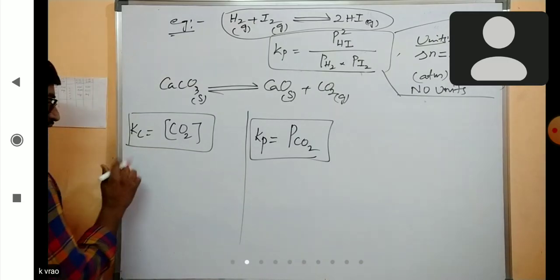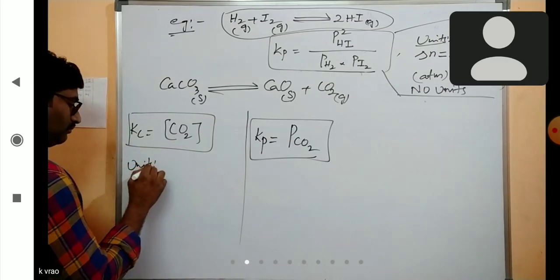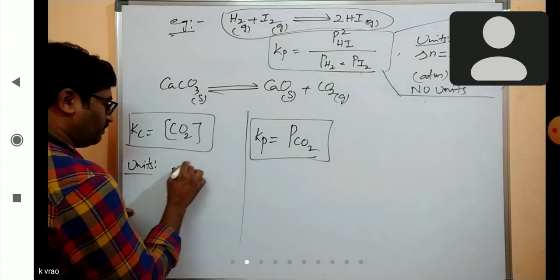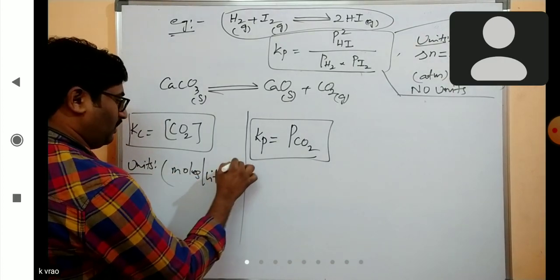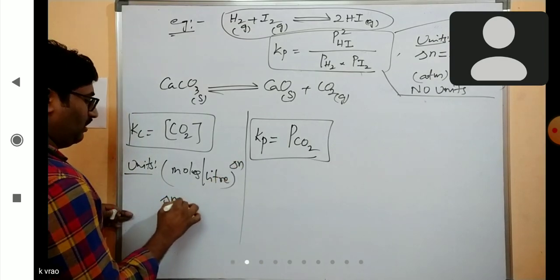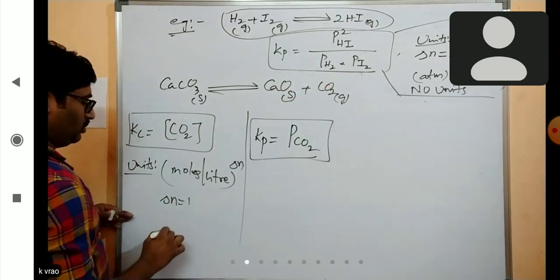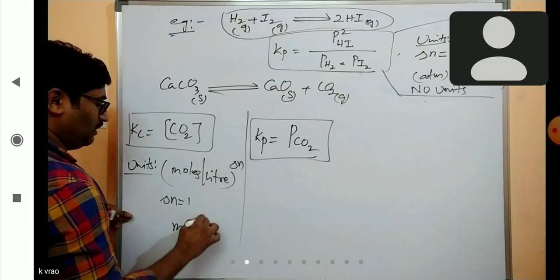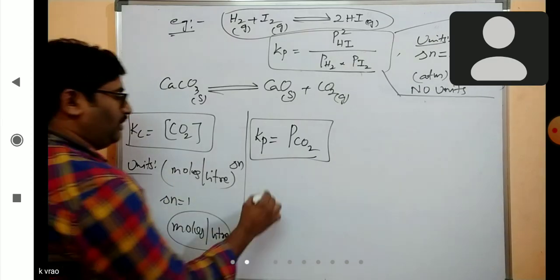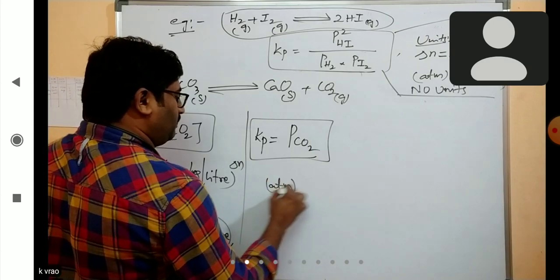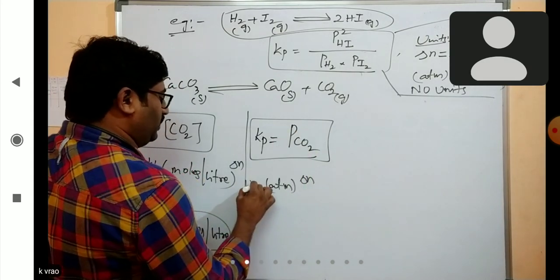Now here, units: Kc has moles per liter power delta n, and delta n value is equal to 1 here. So moles per liter. Here Kp has atmosphere power delta n units.